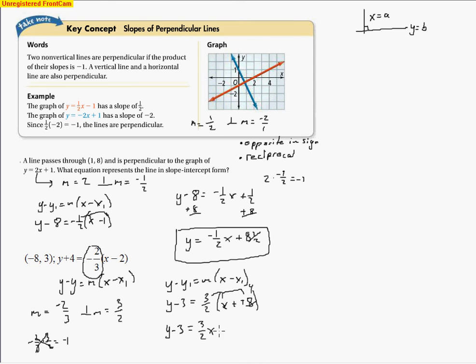Multiplying across gives me positive 12. From this point, all I have to do is add the 3 to all sides, and we'll have our answer: y equals 3/2 x plus 15. And that's the equation that is perpendicular to the given line and passes through this given point.